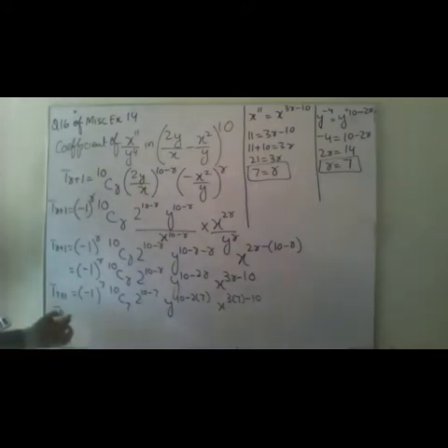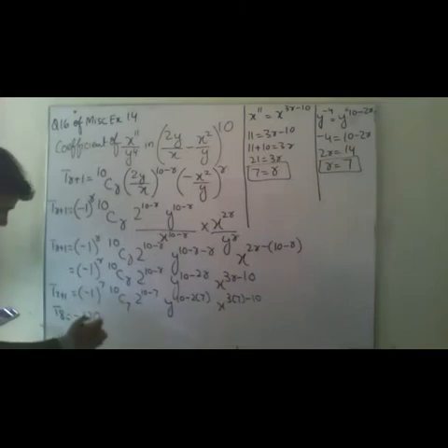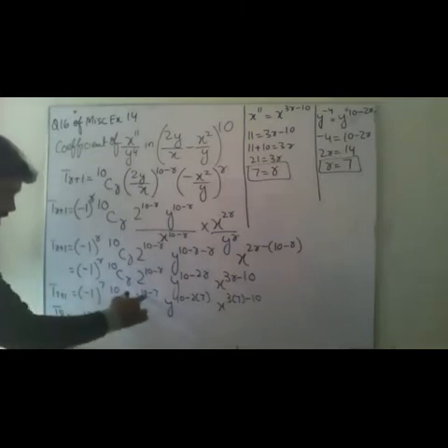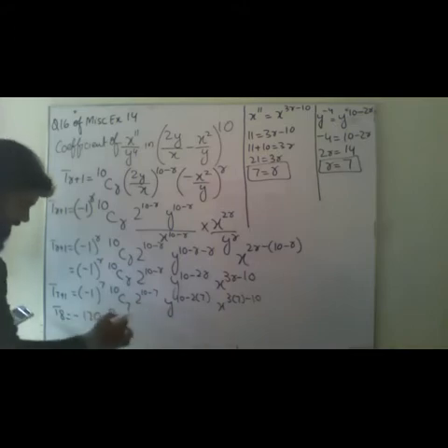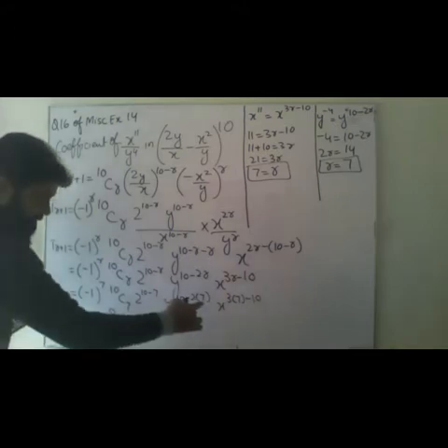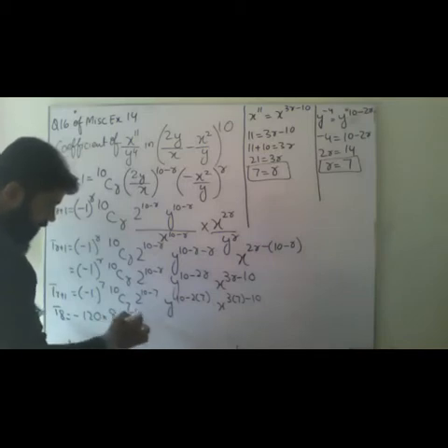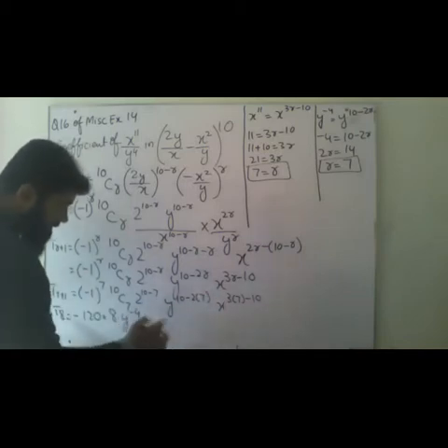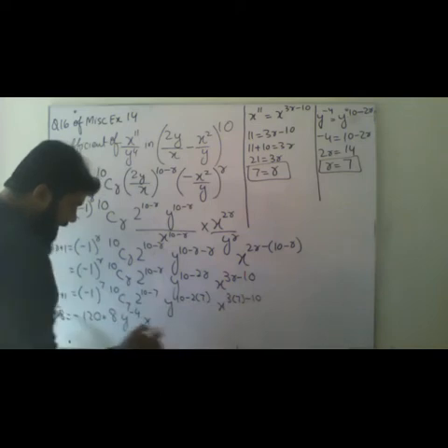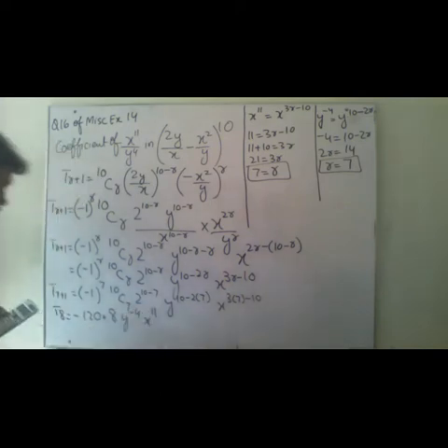Power is odd, so the minus sign will remain. Then 10 C 7 is 120, into 2 to the power 3, which is 8. This will be y to the power 10 minus 14, which is minus 4, and x to the power 3 sevens are 21, minus 10, which is 11.